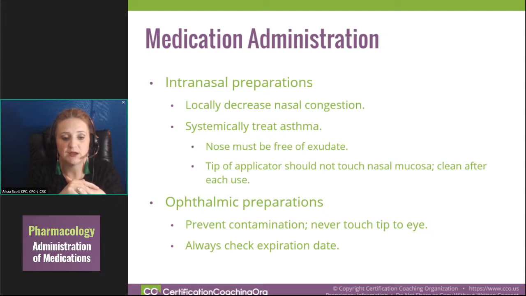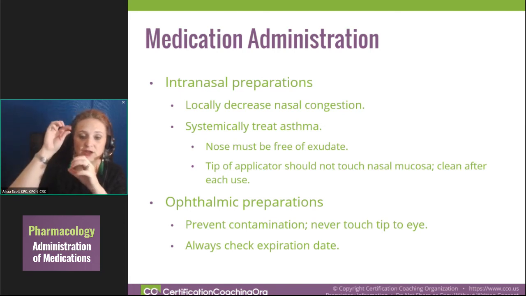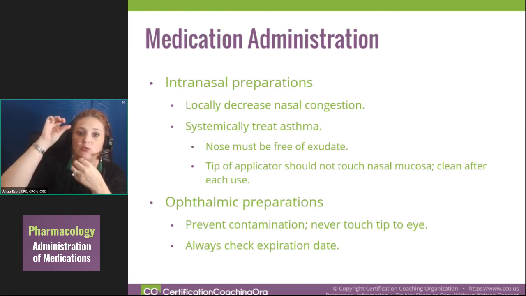Ophthalmic medications. This is another area that is very sensitive and prone to getting infection if you have things exposed. Be very careful about dropping drops into the eye, you want your eye to be open.